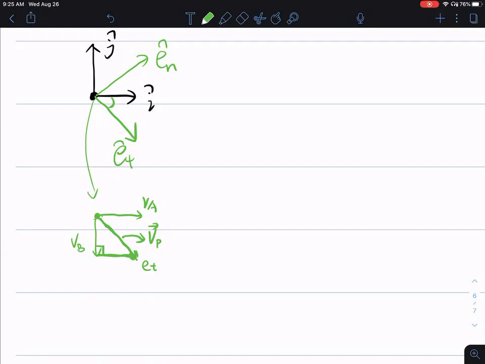One edge is VB, another edge is VA. Can we find the angle between the hypotenuse and VB? Let's call this angle theta. How to find theta?